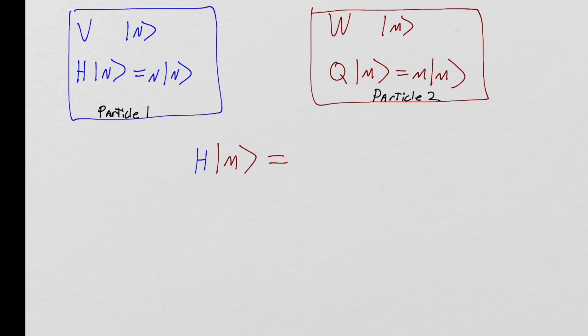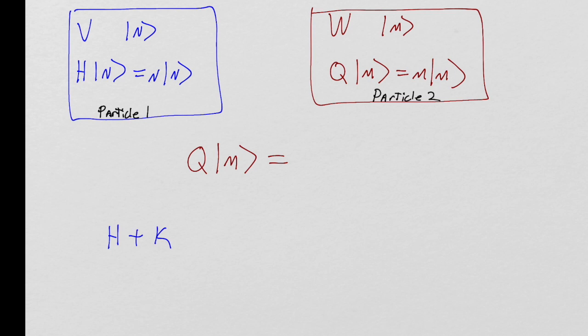If you want the Hamiltonian to act on M, you've got to use a linear operator that is designed for this vector space. Now something we need to notice about linear operators is, if I have two linear operators in the vector space V, say H and say K, what do I mean by H plus K?